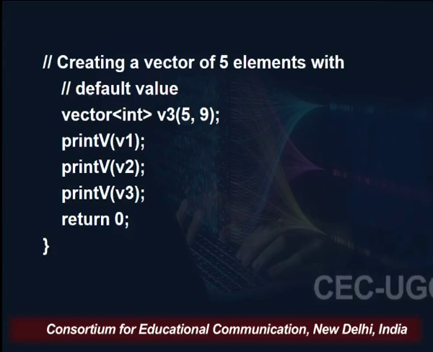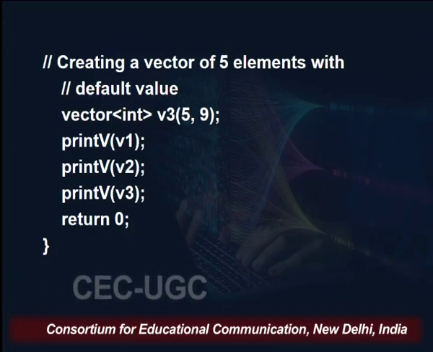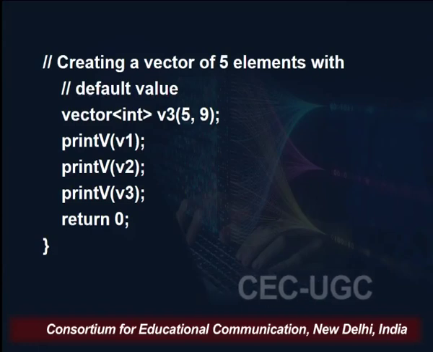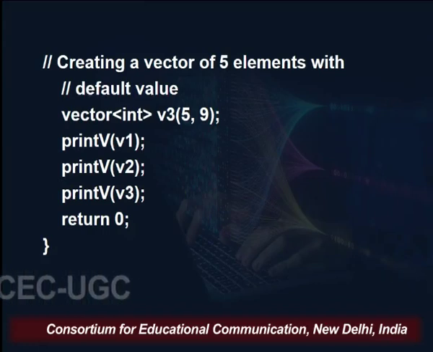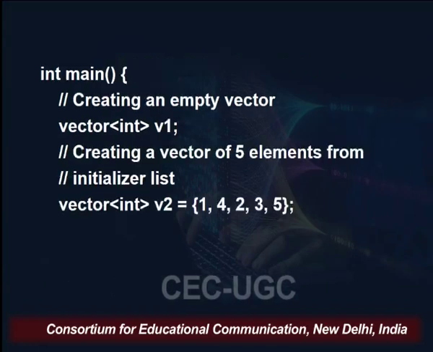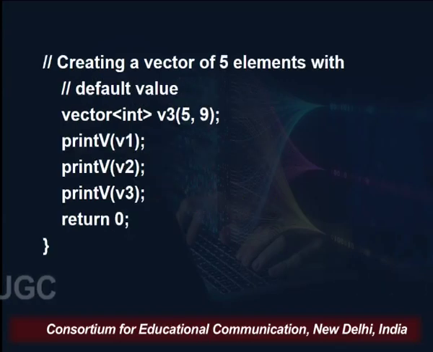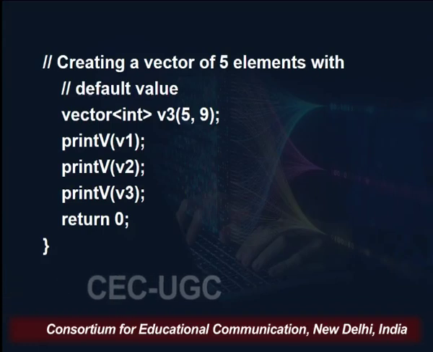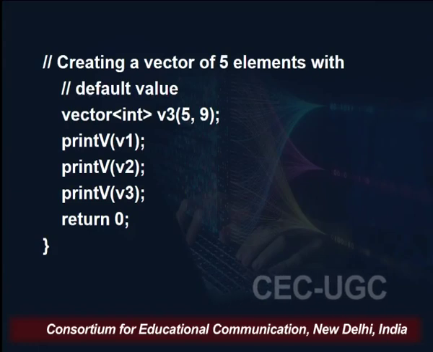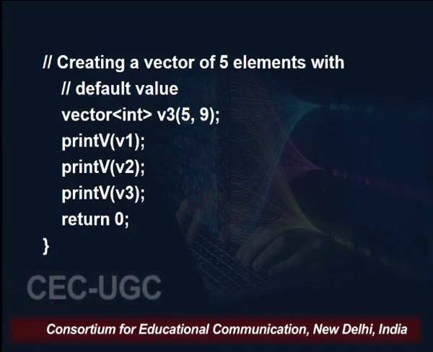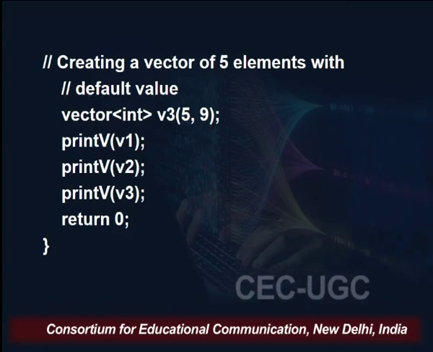That means there are 3 calls to this printV function: printV(v1), printV(v2) and printV(v3). So printV(v1), first of all this is an empty vector, it is not having anything. v2 is being initialized with the help of initializer list, and the elements are 1, 4, 2, 3, 5, and the third vector v3, created with the help of size and a default value, is going to print 9, 9, 9, 9, 9, the element 9 five times, because 5 is the size of this vector.